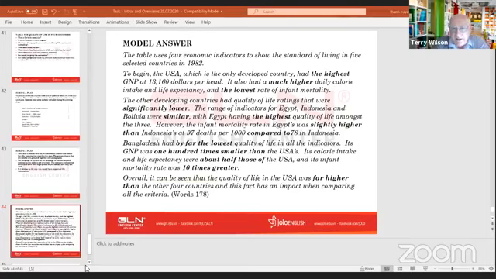Comparing is the way to move to a higher band score. Because that is what is asked for in the question. The question doesn't ask you to describe things. Describing is only used to support the data and how you compare the data.